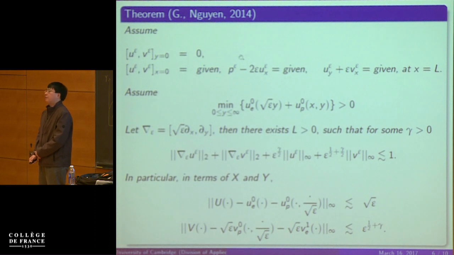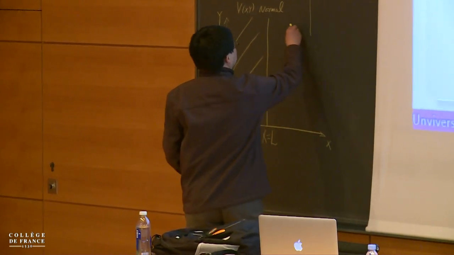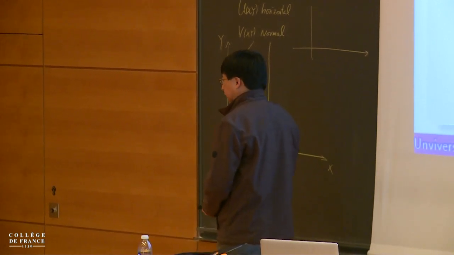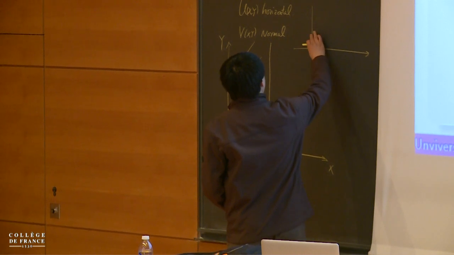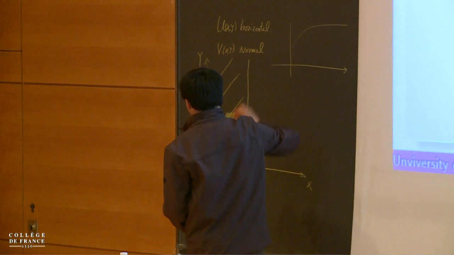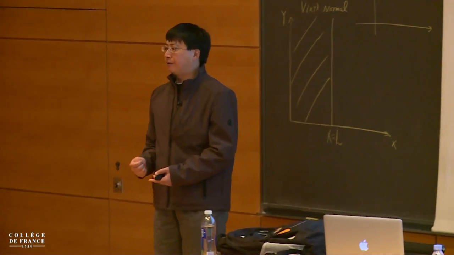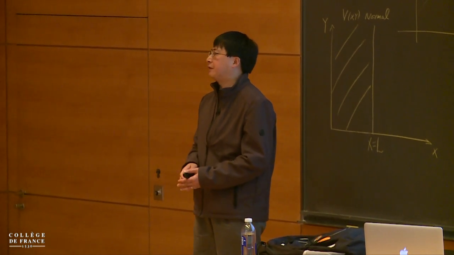Yes, exactly. So the most important assumption is actually the flow for the Prandtl layer. Let me try to draw a picture. The flow from the Prandtl layer is something like this, some kind of flow like that. The profile is something like that. So only the zeroth order term is nonlinear.